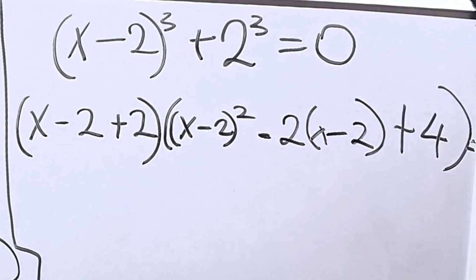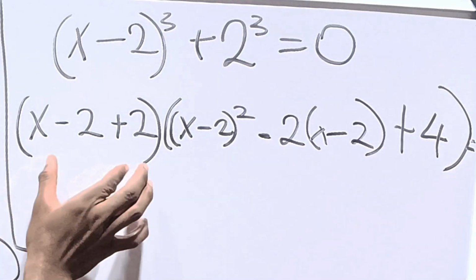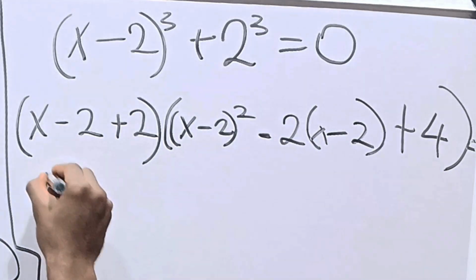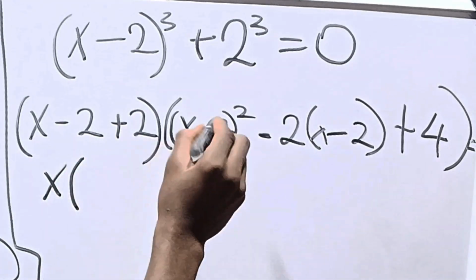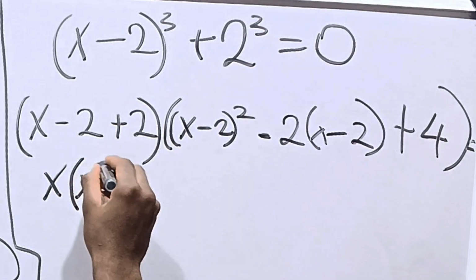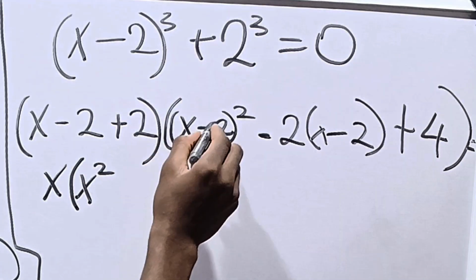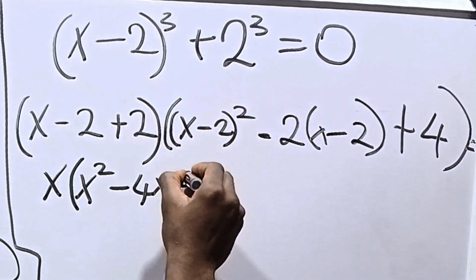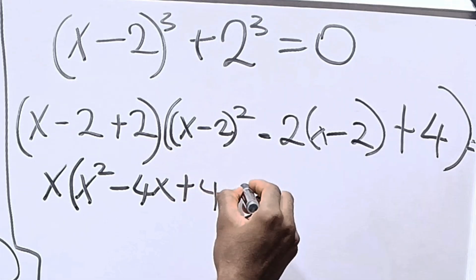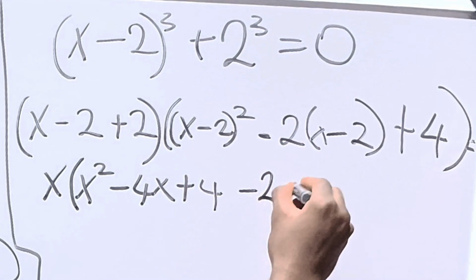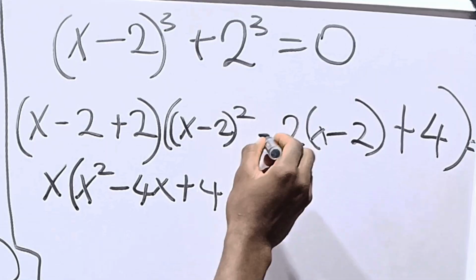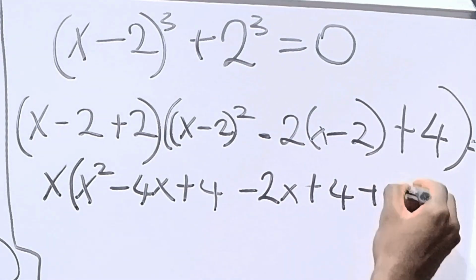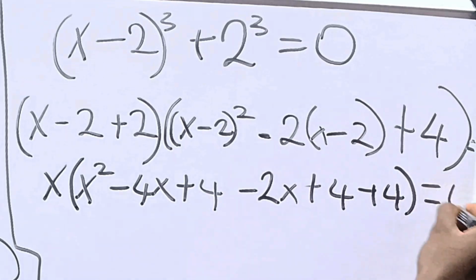Okay, now moving on from here, we can now expand this. So we have x, this plus this is 0, so we have x multiplied by (x squared, 2 times x is 2x, times minus 2 is minus 4x, 2 squared is 4, minus 2 times x is 2x, minus 2 times minus 2 is plus 4, plus 4) is equal to 0.